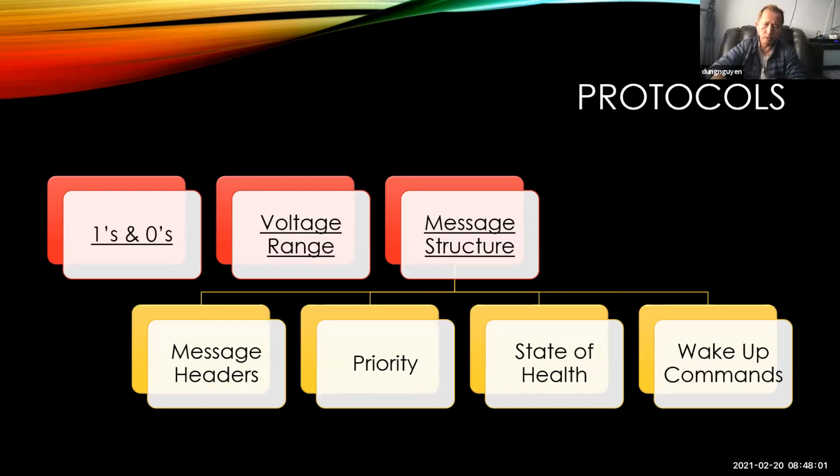What's 1 and 0, Brian? What are 1s and 0s? Okay, a 1 and a 0 would be like an on or an off. So this is a 0, this is a 1. If I have 8 bits for 1 byte, my first one has a value of 1. My second one has a value of 2.